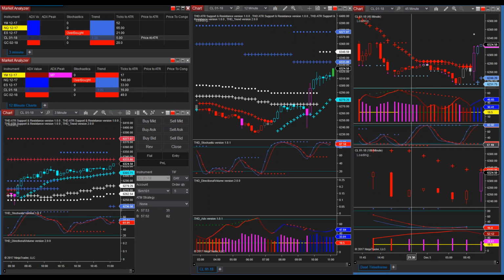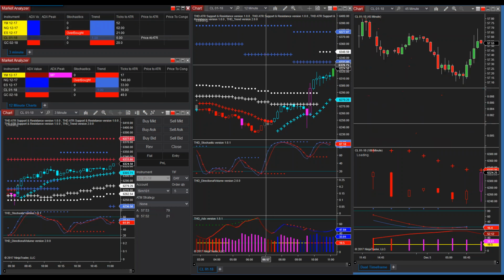Let's go back and look at crude at the ATR. It's within 6 ticks of the 3-minute ATR.